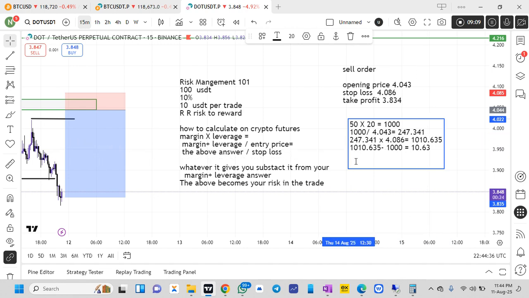What you want to do for take profits is to multiply 247.341 by this take profit, which is 3.834. So 247.341 times 3.834.